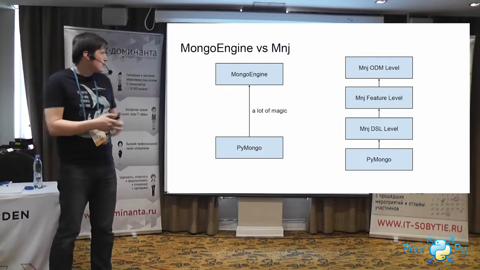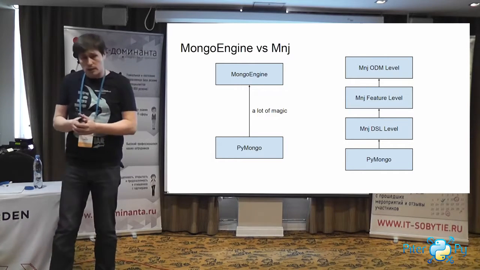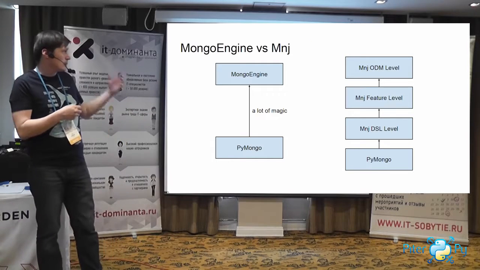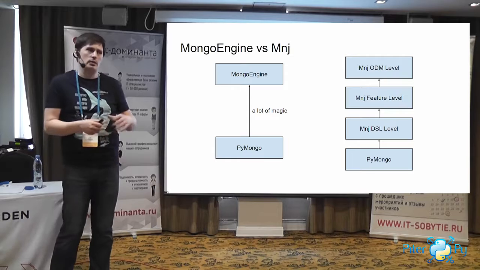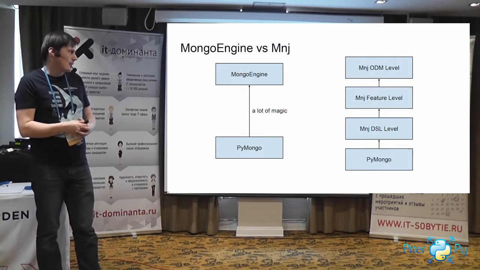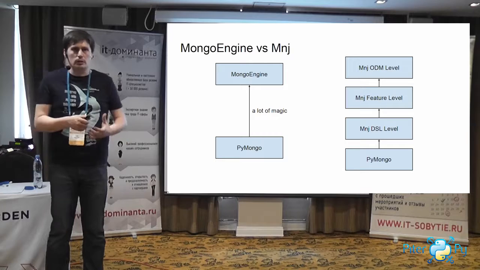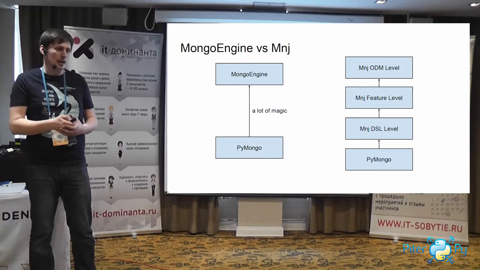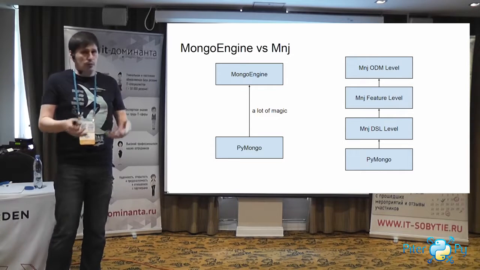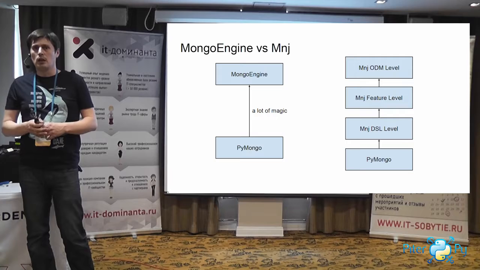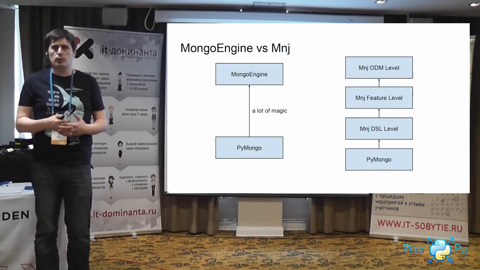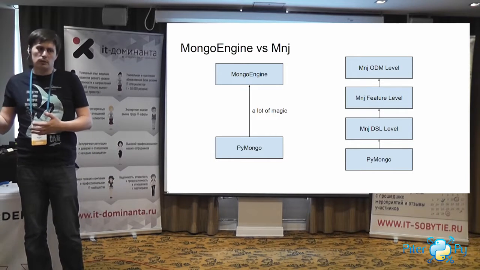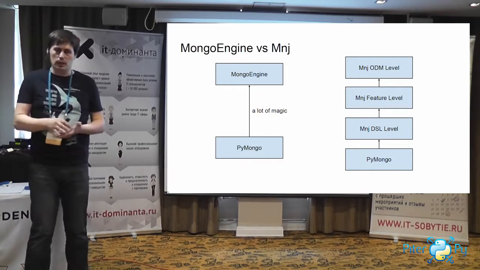And that is the way Mnj is organized. We have PyMongo, over it we have a DSL level that is already there, and you can use it now, and you will see shortly how to do it. On top of it, we plan to implement all the features we want from the library. And you are free to use them or to ignore them completely.